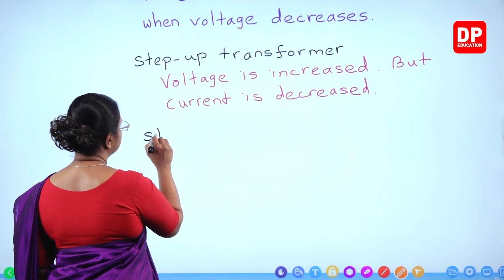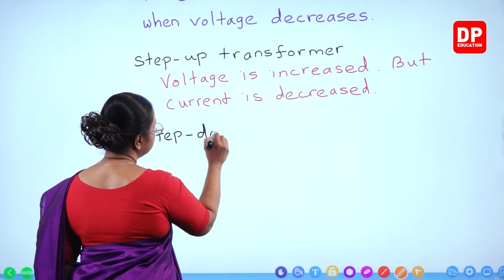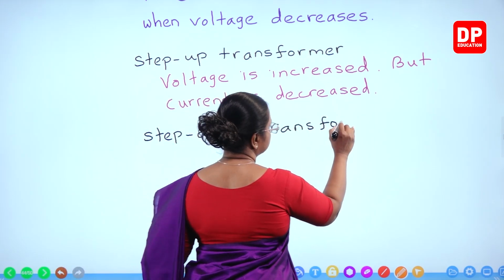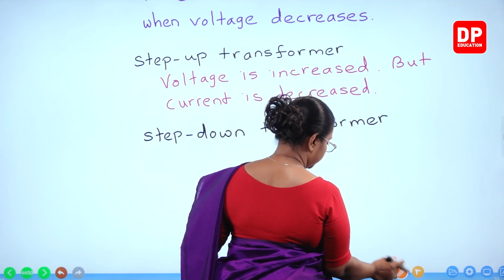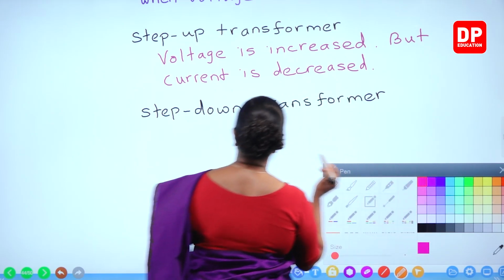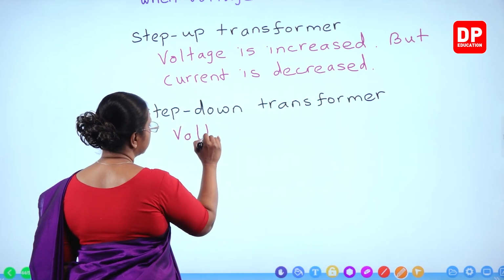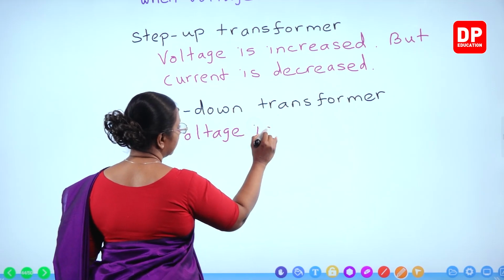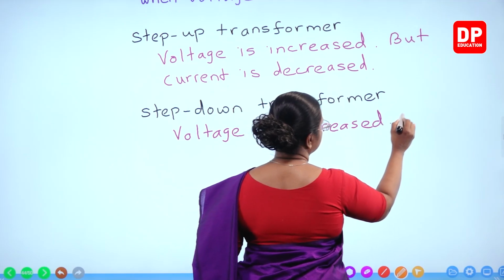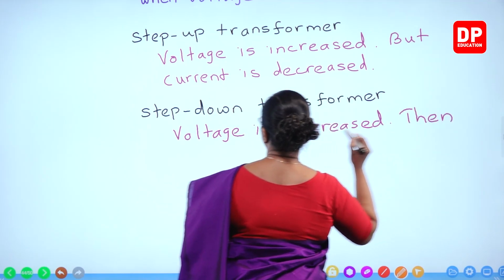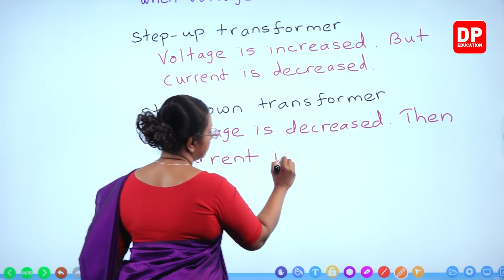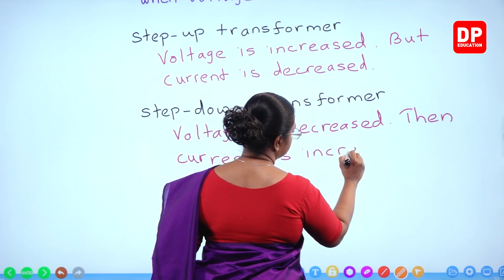And in a step down transformer, voltage is decreased, then current is increased.